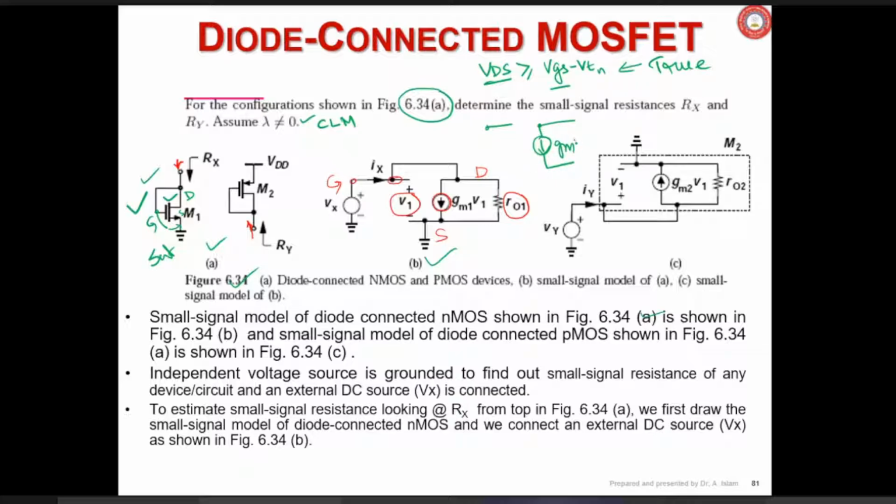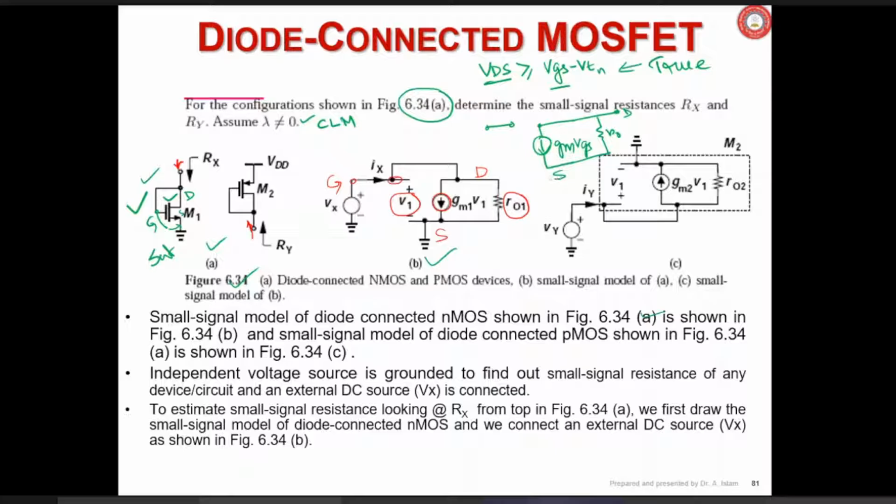GM into VGS, and if you take CLM into account, then one resistance. GMB into VBS. Consider the body and source are tied together. Considering that, we take RO. RO is going to come here, which is going to take care of CLM. Okay, this is the model we know.